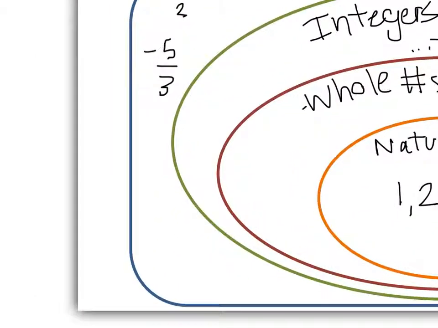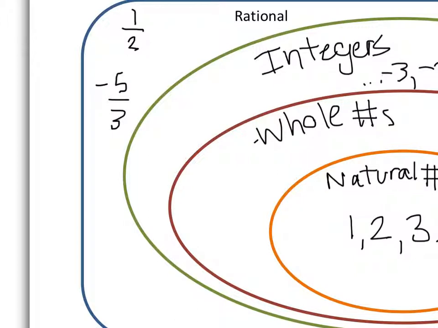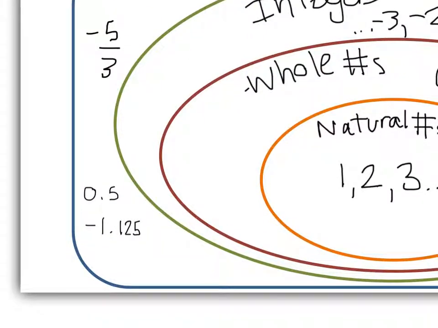Okay, we had our terminating decimals like 0.5 or negative 1.125. We also had our repeating decimals like 1.3 repeating 3 or 2.25 repeating 25. Okay, those go in there as well.